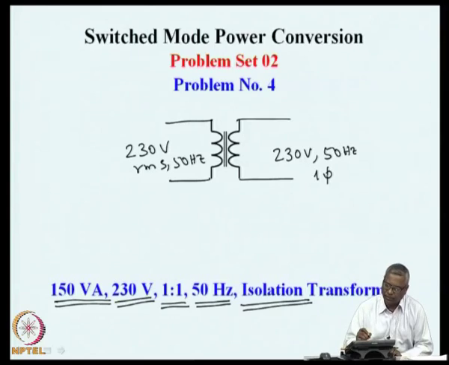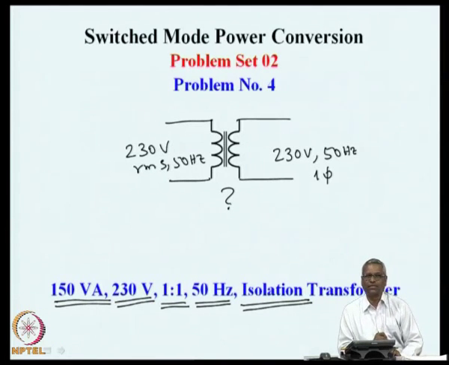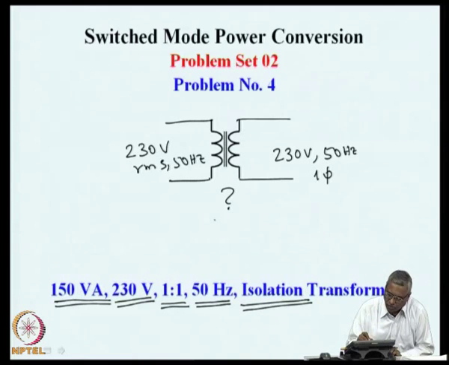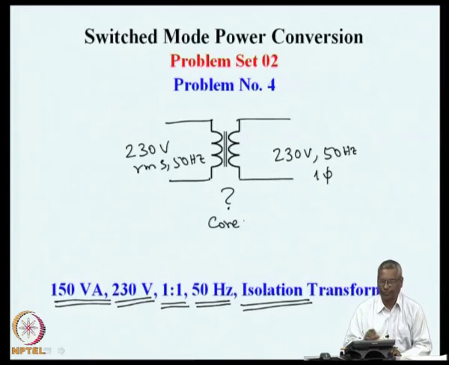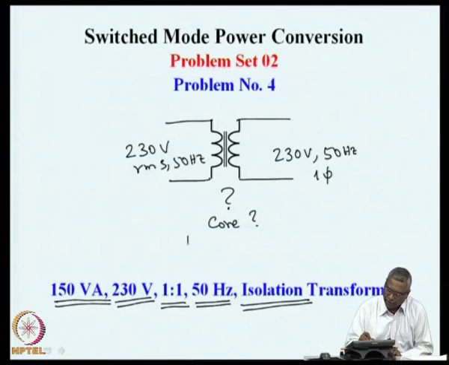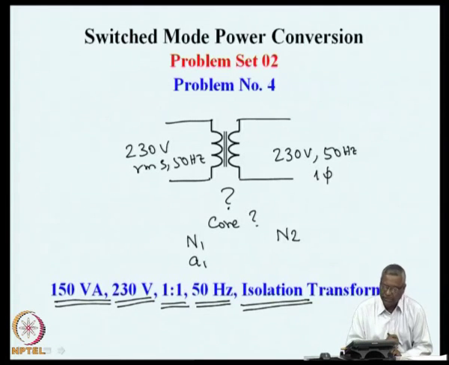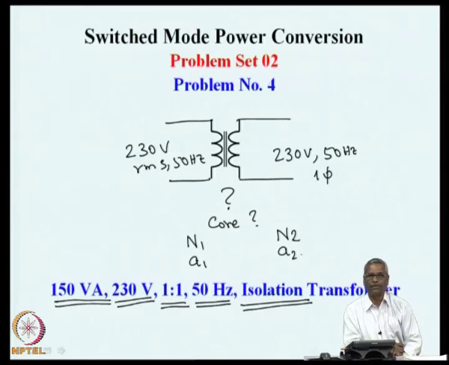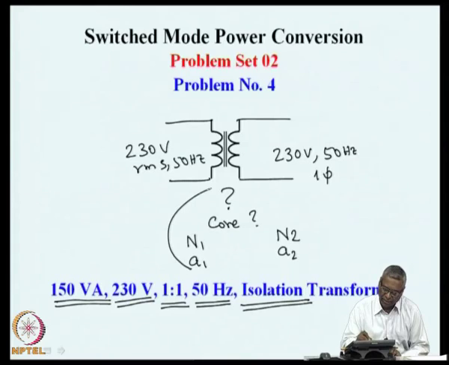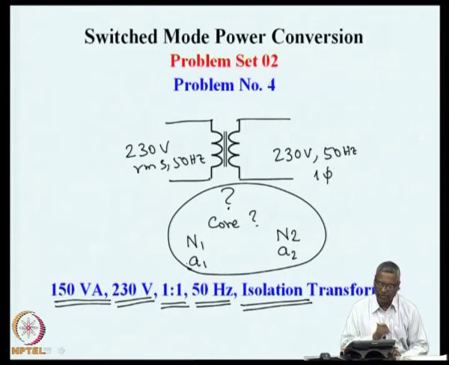In such a transformer, we would like to know how to design it: what is the core to be used, how many turns are to be used for primary, how many turns for secondary, what will be the cross section of wire for primary, and what will be the cross section of wire for secondary. This is what we mean by designing a transformer.